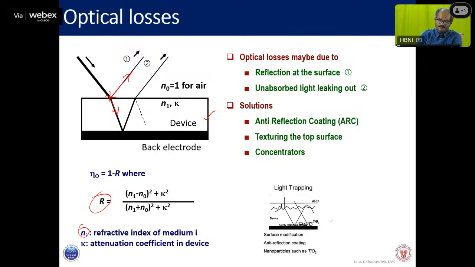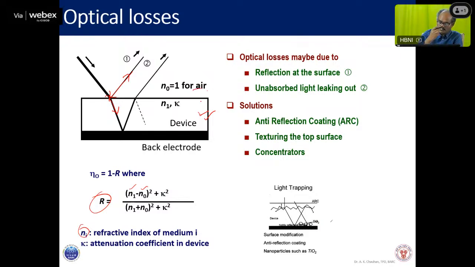So the fraction of light which will be reflected invariably, whatever you do, you can calculate by (N1 minus N0) over (N1 plus N0), where N1 is the refractive index of the device material, the medium where the light is entering, and N0 is 1 for air.